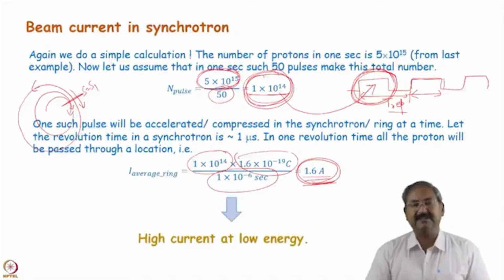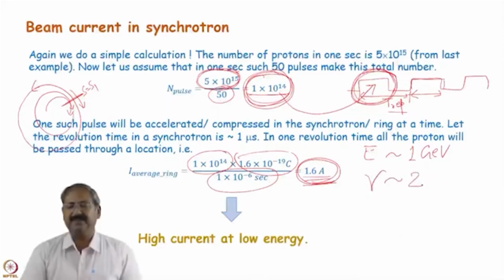And again we can see that we are talking about proton energy E at 1 GeV, and the proton's rest mass energy is also 1 GeV. So kinetic energy is almost equal to rest mass energy, which means gamma is approximately 2. In the case of electrons in synchrotron radiation sources, we talk about energies in the range of GeVs.